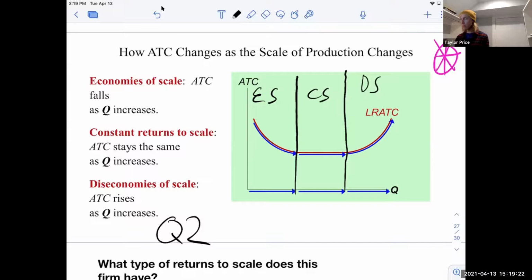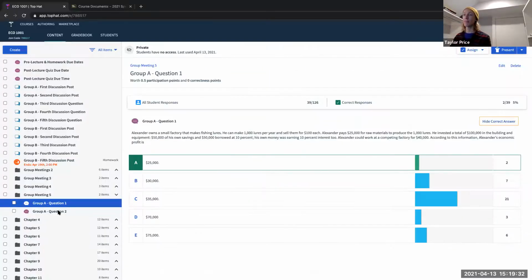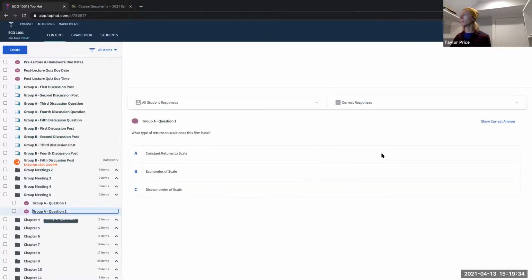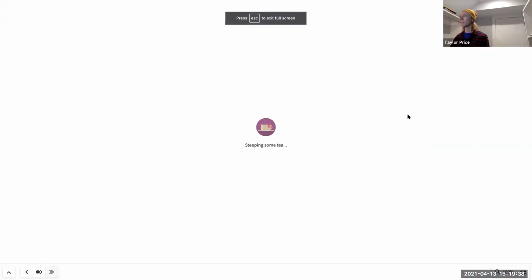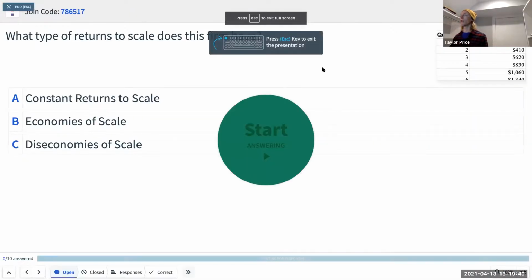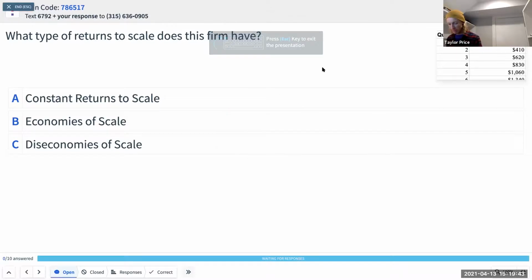Okay. So now let's take a look at a potential exam question. I'll give you all 3 minutes again to answer this, and then we will go over it. This one's luckily a little easier, hopefully.